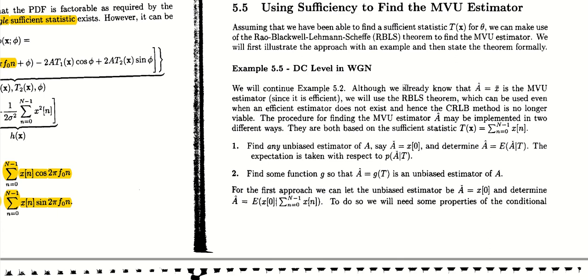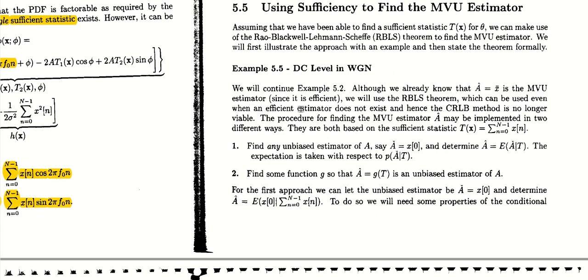We already know that A hat equal to the simple mean is the minimum variance unbiased estimator. Then we will use the Rao-Blackwell theorem to create a sufficient statistic.